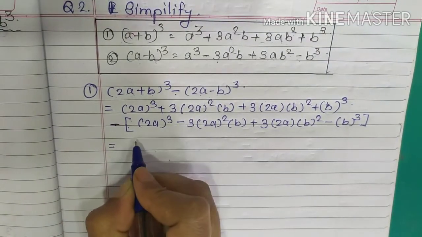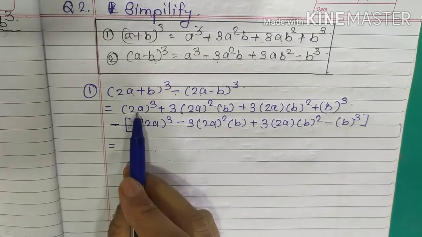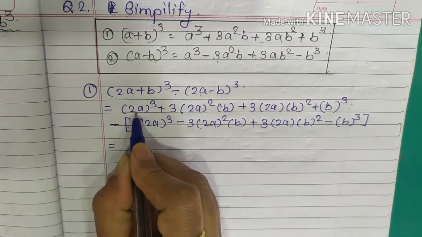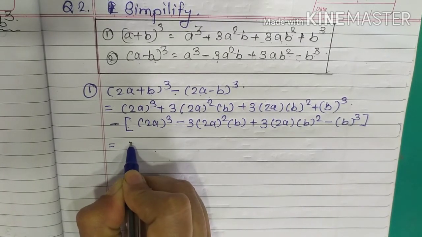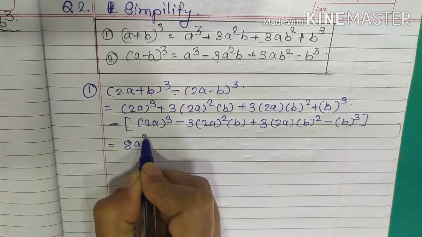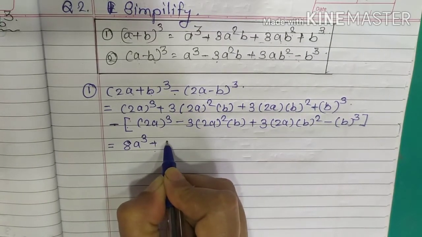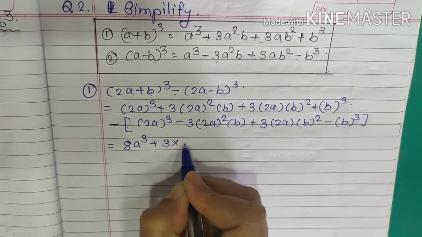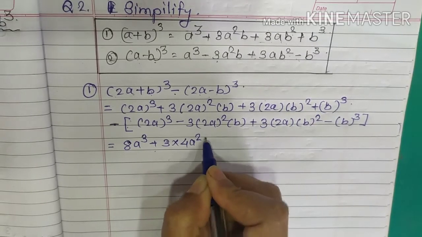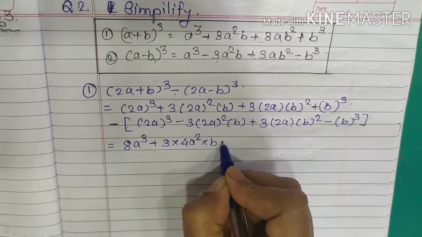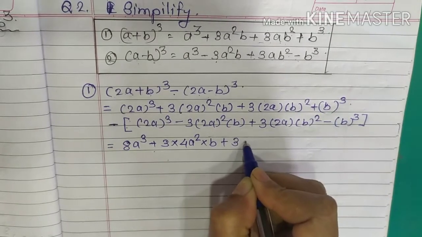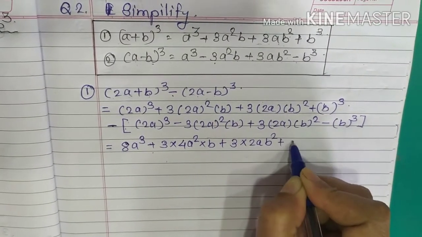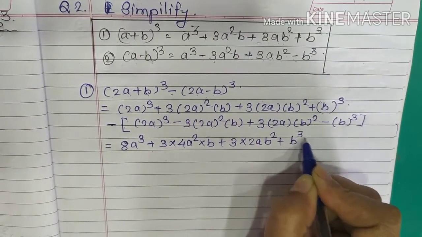In the next step we make the cubes of the given terms. Hence first, (2a) cube is 8a cube, plus 3 into 4a square into b, plus 3 into 2a into b square, plus b cube.